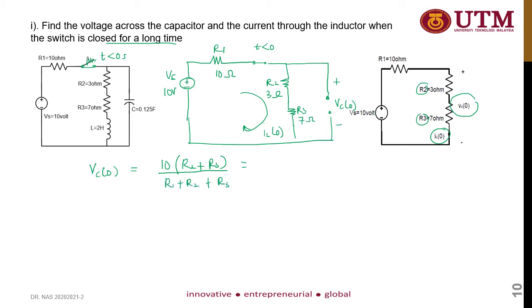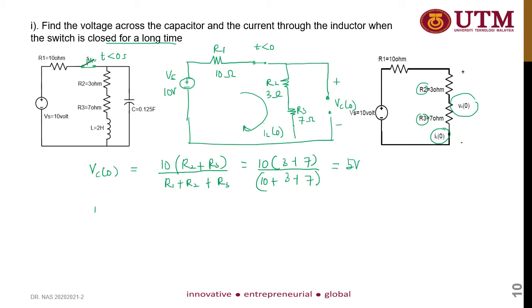So it is equal to 10 times 3 plus 7 divided by 10 plus 3 plus 7. So this is equal to 5 volt.